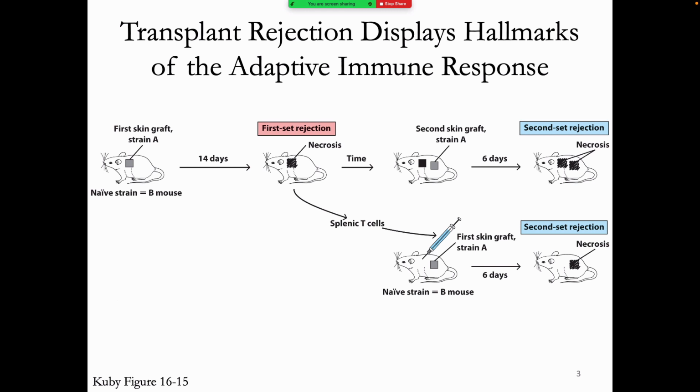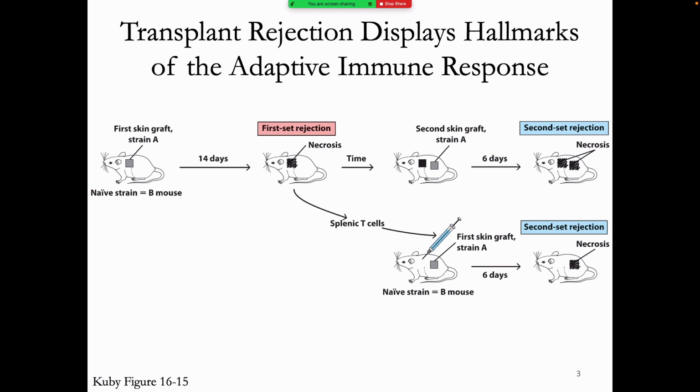Much of this was described with original experiments with mice, giving mice skin transplants, so moving skin from one mouse to another. A lot of the general details of transplantation come from these mouse skin experiments.